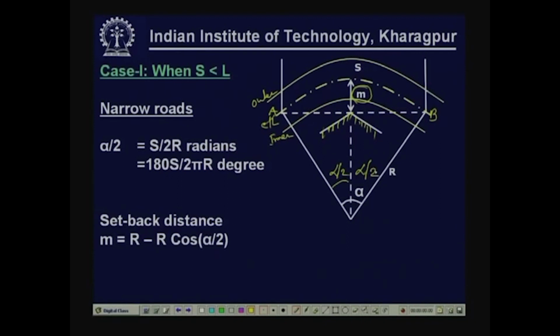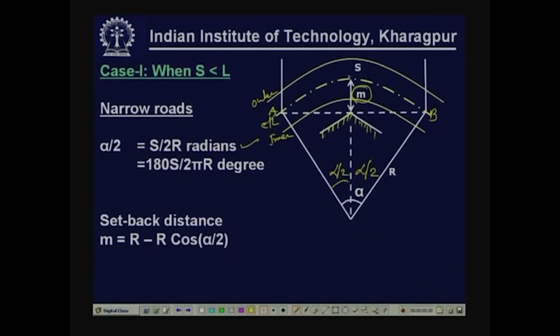Therefore, sight distance S is the length of the arc AB along the center line. So S by 2 is this distance. So alpha by 2 equals S by 2R radian. If we convert it into degrees, we multiply by 180 by pi, so it becomes 180 S by 2 pi R degrees.